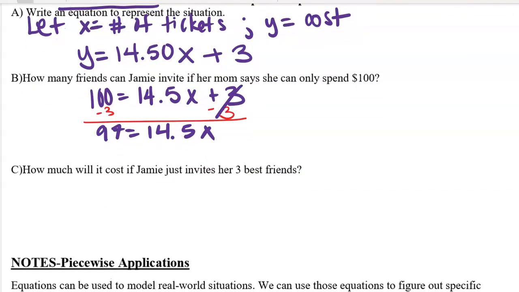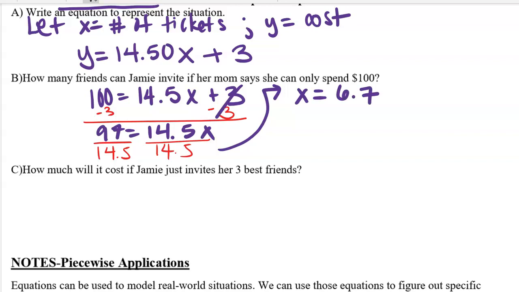Talia did that already. Good. Go ahead and take your calculator, punch it in. All right, Nolan, go ahead. 97 divided by 14.5. What is x coming out to be? 6.7. Well, can we just write 6.7?